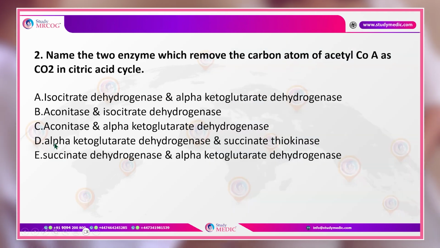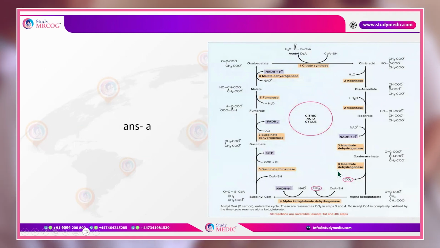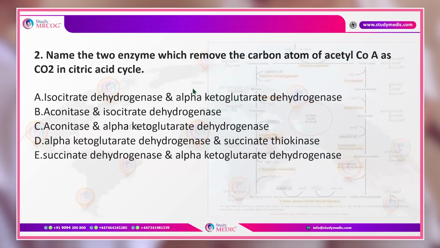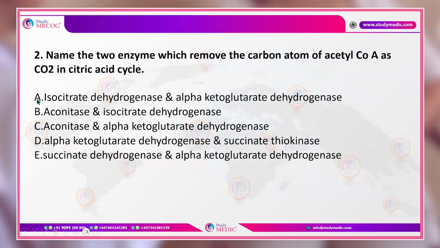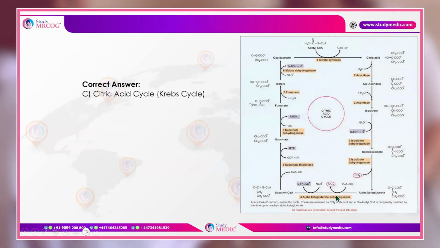So which is the option? Option number A, isocitrate dehydrogenase and alpha ketoglutarate dehydrogenase. So that's the second question.